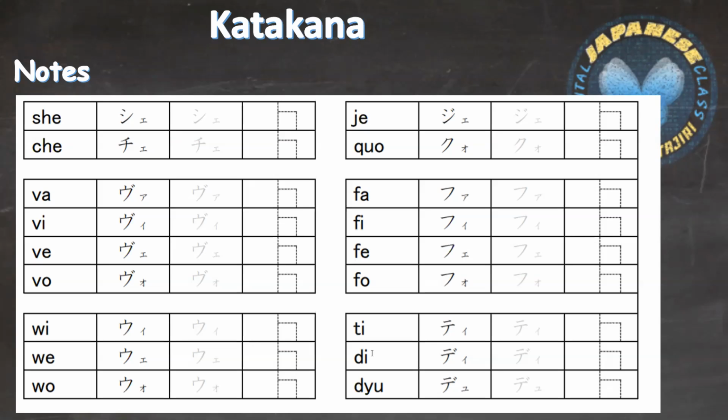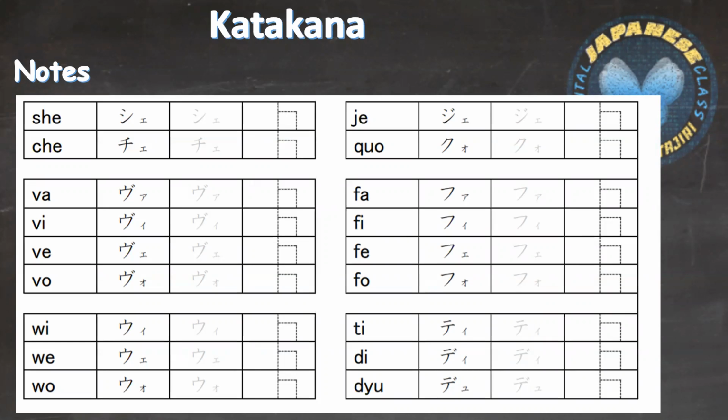Okay, so we have our di. They don't have also a D sound in Japanese. So, for example, Digimon, they write this one instead. So these are the extended sounds in Japanese for the consonants.